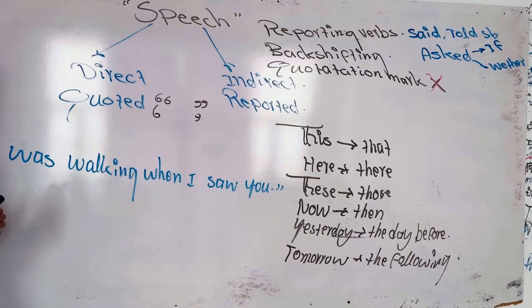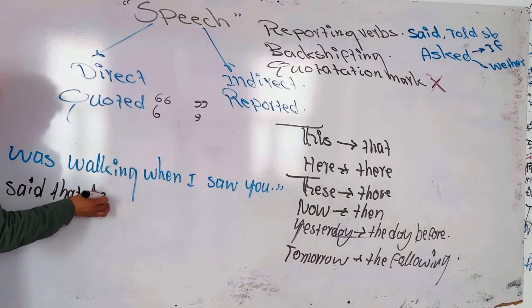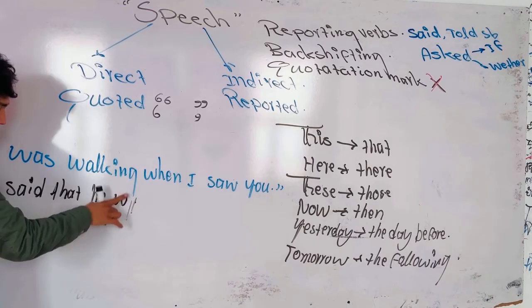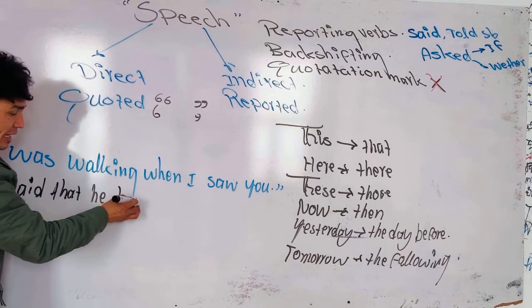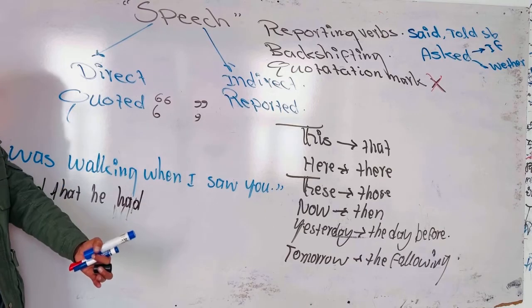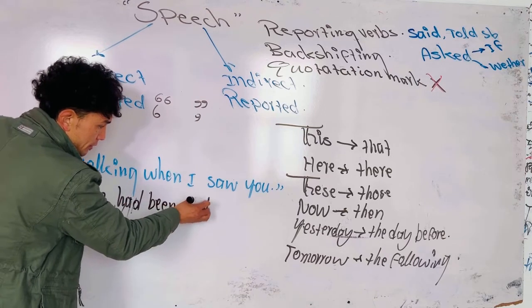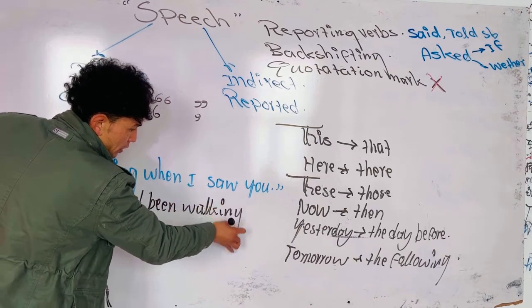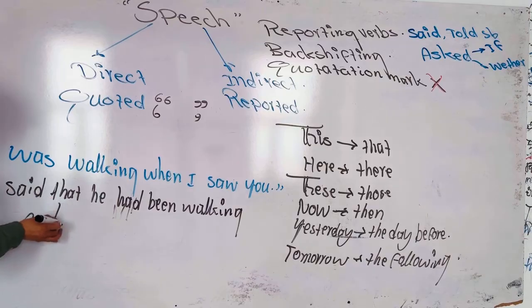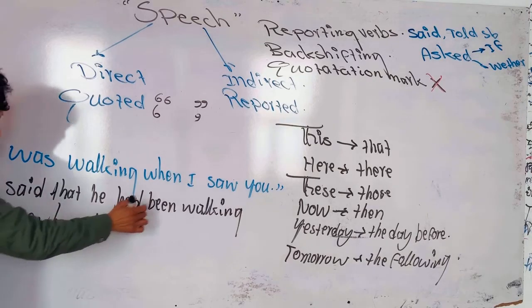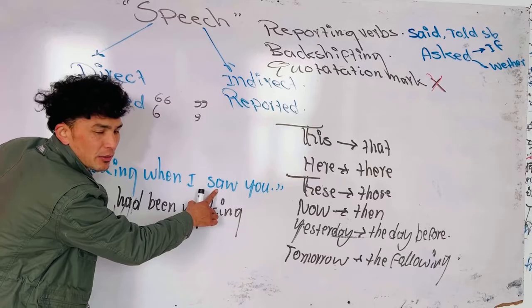Now change this one. How to change this one? For example, the speaker is Ali. Ali said that he had been walking when he had seen me. As I told you, past continuous becomes past perfect continuous, and past simple becomes past perfect.